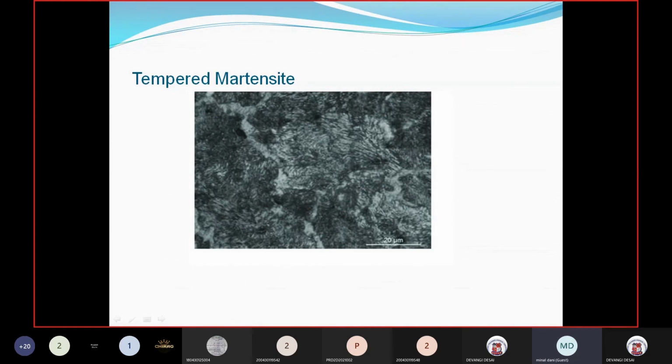So all the austenite that transformed to ferrite and pearlite is converted to martensite in the hardening treatment, but there is a little bit of retained austenite. If you do this tempering treatment, that retained austenite can also be transformed to tempered martensite. This type of structure is more beneficial and good for steel when you need good strength and hardness.